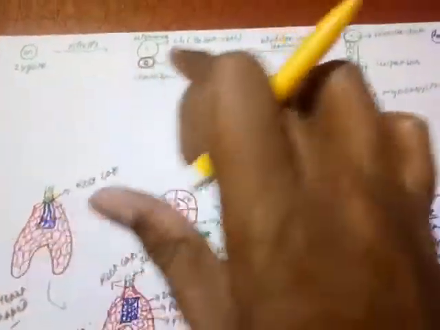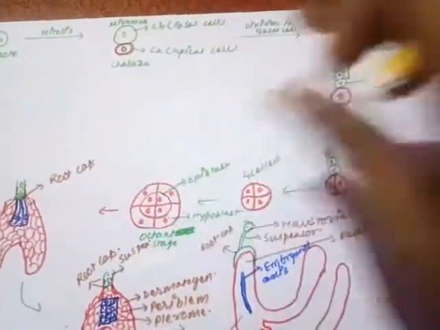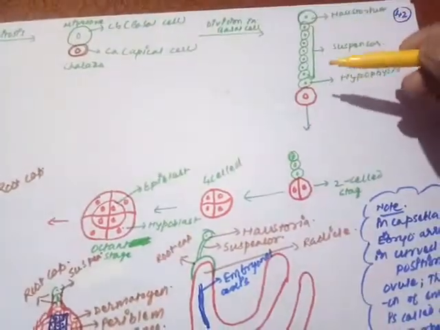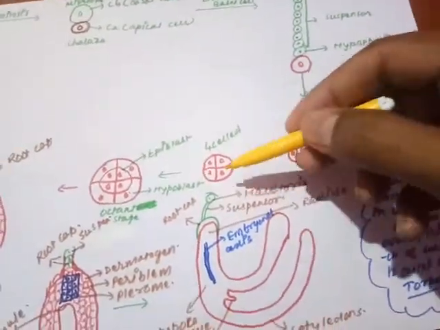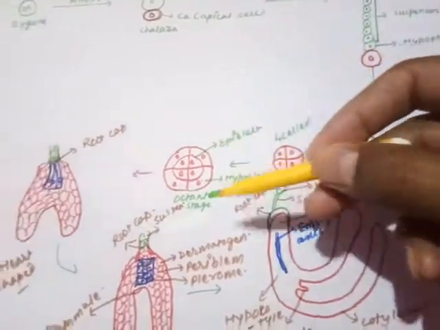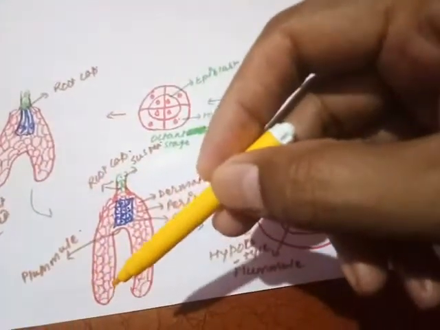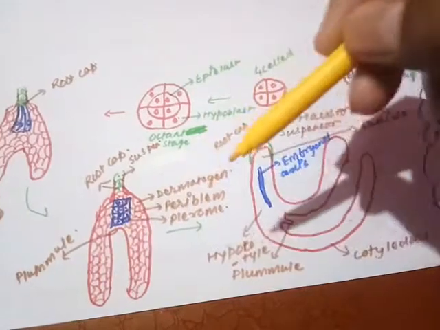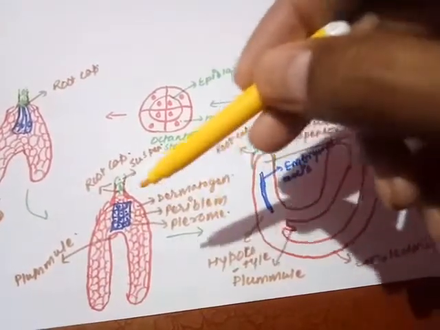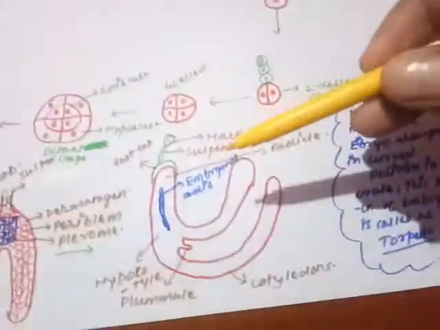Diagrammatically: zygote, apical cell, basal cell, suspensor cell, embryo, 2-celled stage, 4-celled stage, octant, so epiblast, hypoblast. Now division, differentiation, the cotyledon, plumule, dermatogen, periblem, plerome, suspensor cell, root cap, and this is the final structure.